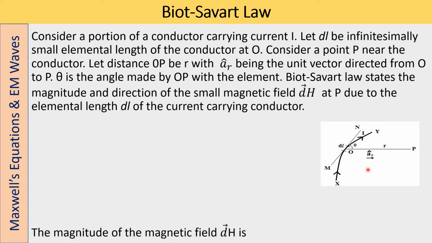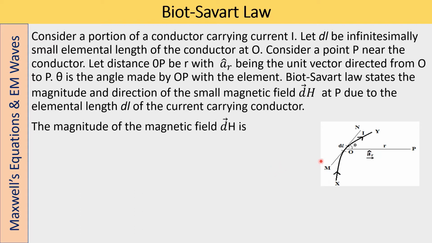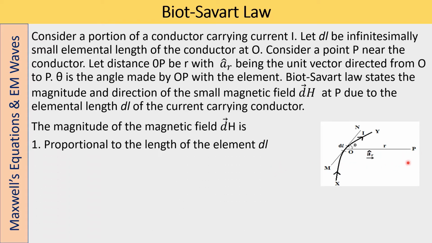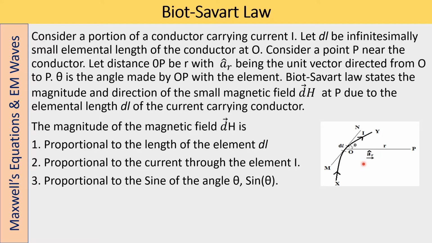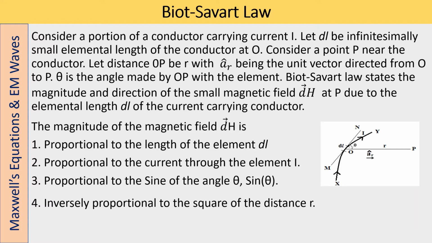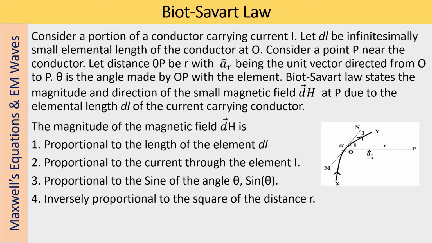The magnitude of the magnetic field dH at P is, one, directly proportional to the length of the element, that is dl. Second, it is directly proportional to the current through the element, that is I. Third, it is directly proportional to the sine of the angle theta, that is sine theta. And it is inversely proportional to the square of the distance r.